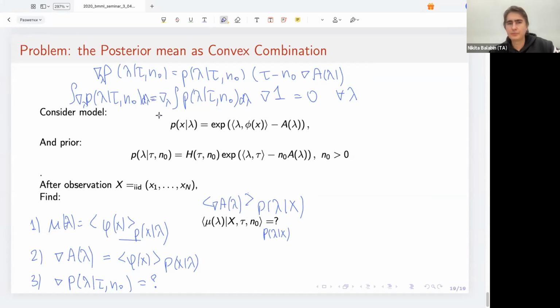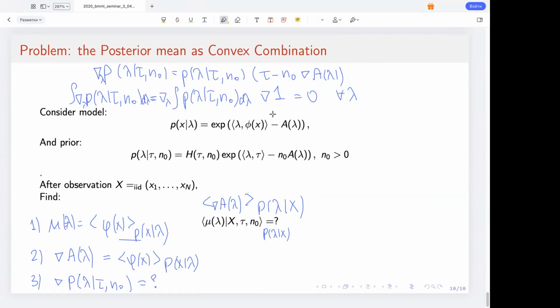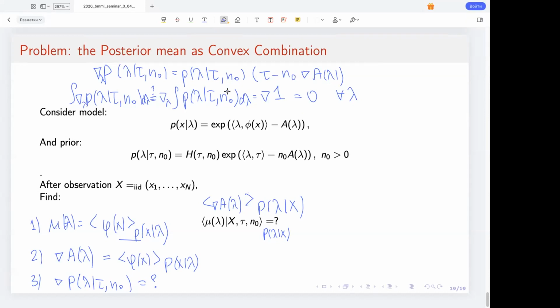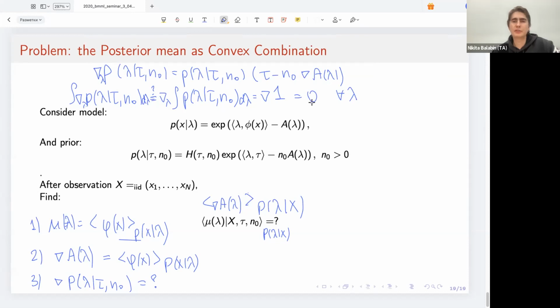I also think that the integral is 0 at the end. We probably should do some different reasoning, but the integral should be 0. Maybe this step has some mistake, but I solved it previously and everything was okay. The most important thing is that it is 0 for any lambda.